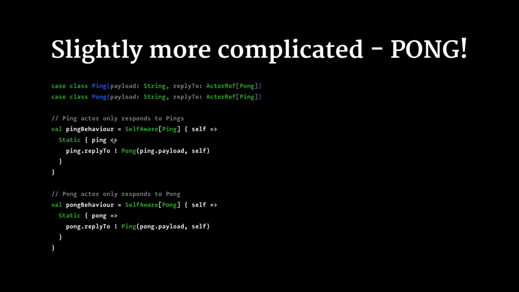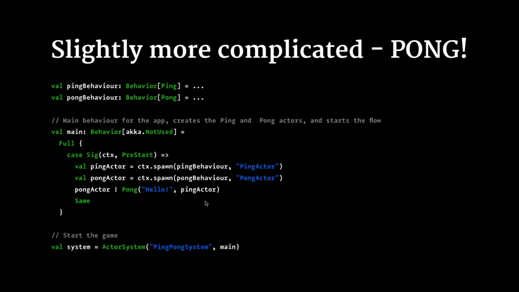And this way we have access to the message and we have access to the self as well. If we needed to combine that with access to the context, we can also add the context-aware behavior. So we can nest these things so we have access to whatever we need. So ping and pong are very simple. Each actor is simply replying to the reply address that's in the message.